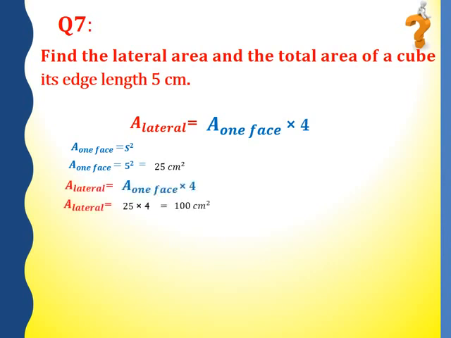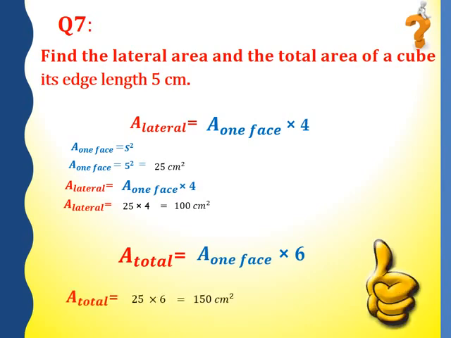Then the lateral area equals 25 times 4, which equals 100 square centimeters. And the total area of the cube equals the area of one face times 6, which is 25 times 6, equals 150 square centimeters.